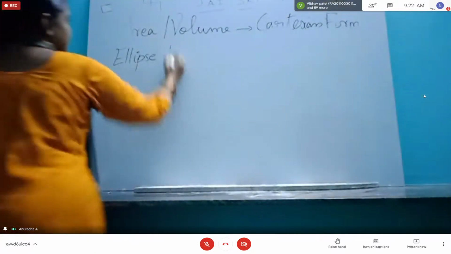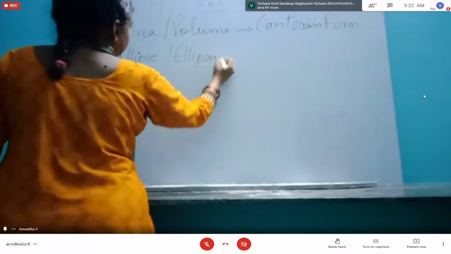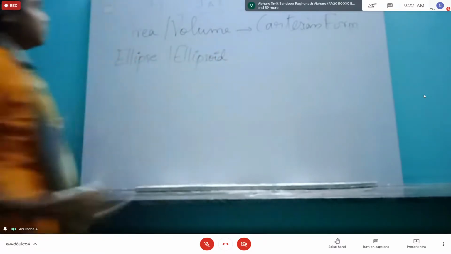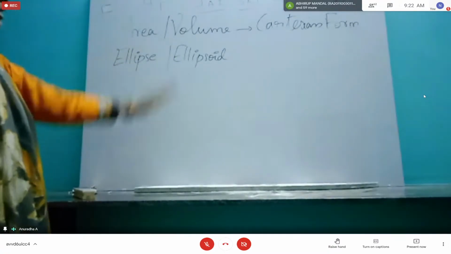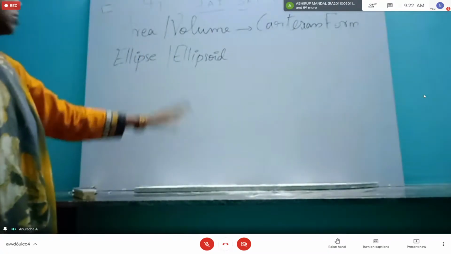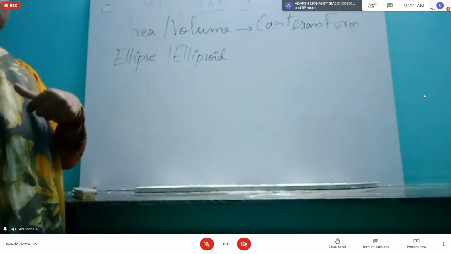So ellipse, and in triple integral we are going to do ellipsoid. Also, they will give you only the equation of the ellipsoid or the ellipse. To draw the diagram and fix the region of integration, we have to know their general formula. The general formula will be given, but we have to know the structure.